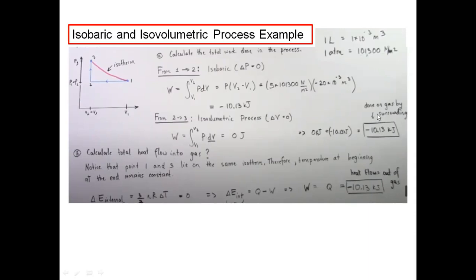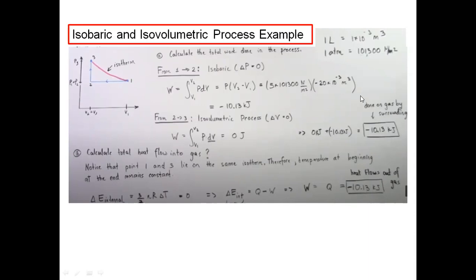So work is done on the gas by the surroundings. So the total work done in this process equals minus 10.13 kilojoules.